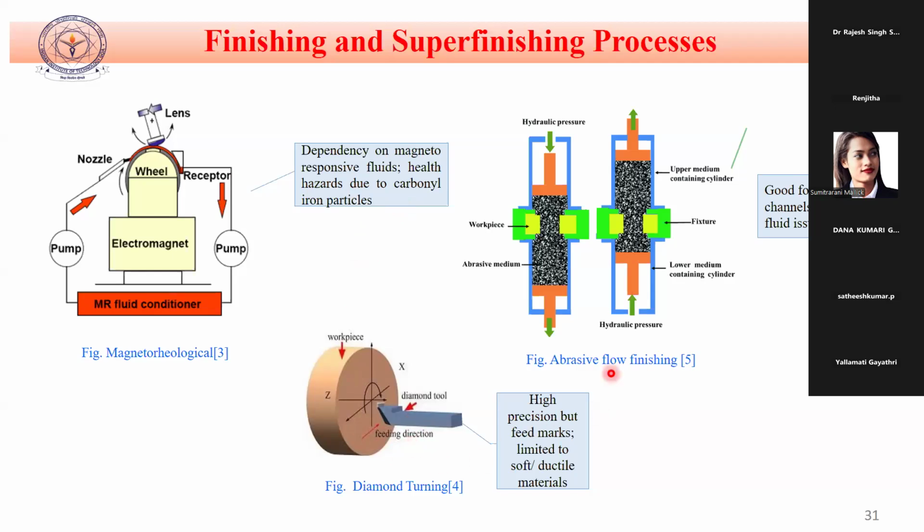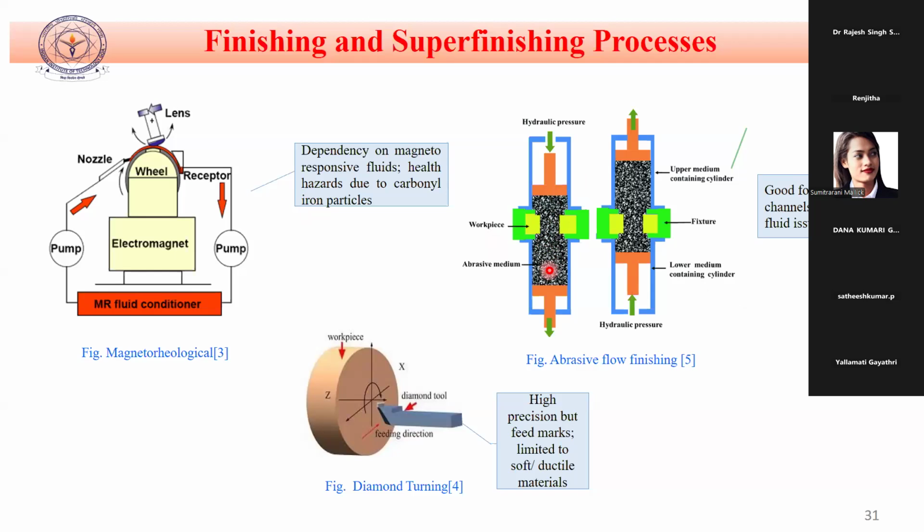The next process that came is called abrasive flow finishing. Let's say we want to finish some internal channels. In this process, by some fixture, we fix the workpiece, the job whose internal channels we need to finish. And in the chamber, we are adding some abrasive fluid.